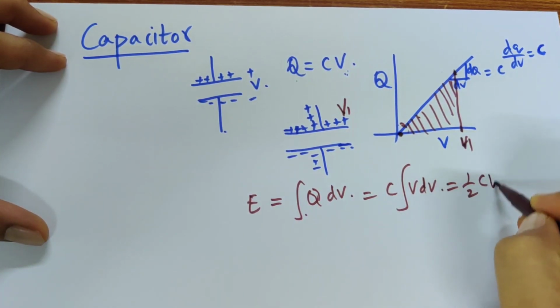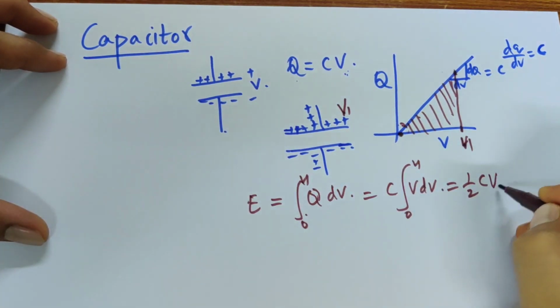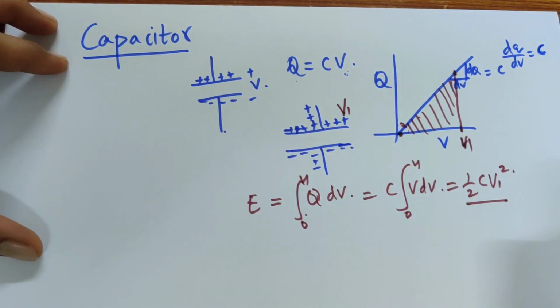So this gives you half CV squared, from 0 to V1, half C V1 squared. So that's the energy of a capacitor.